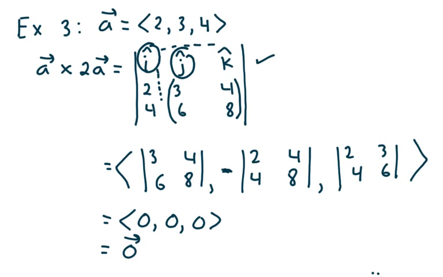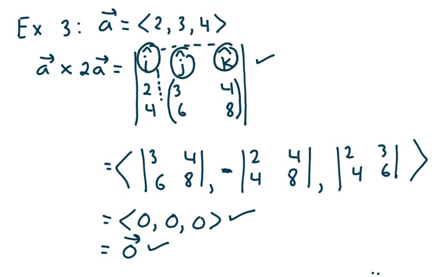And then for the third component, I'm going to eliminate the row and the column that contains the k, and take the determinant of the submatrix accordingly, which in this case is 2, 3, 4, 6. And if you notice, I get 0, 0, 0. And so the answer is going to be the 0 vector.